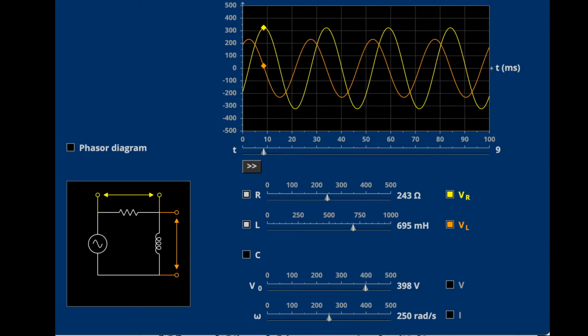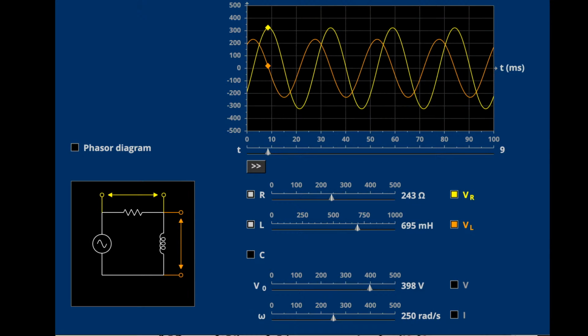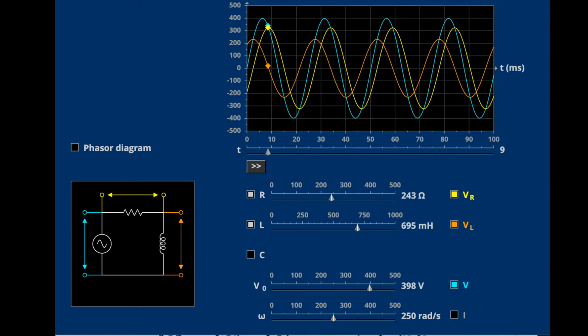Well, you can add them up wave for wave, just like in the last homework set. Or you can use this website. See this V here? I'm going to click it. The blue is what you get when you add the two waves up. And if you want, you can stop at a random spot, and the blue is what you get when you add the orange and the yellow together.